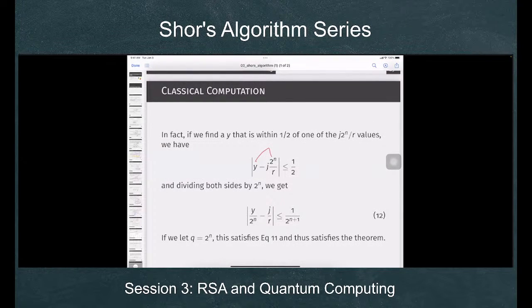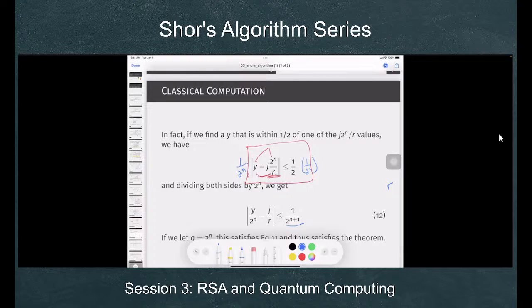Since y is very close to this number, then we can say that y minus j over 2 to the... And what happens to this?